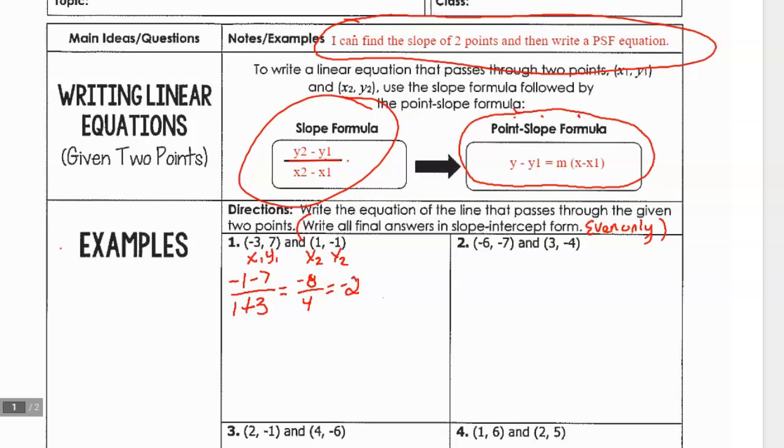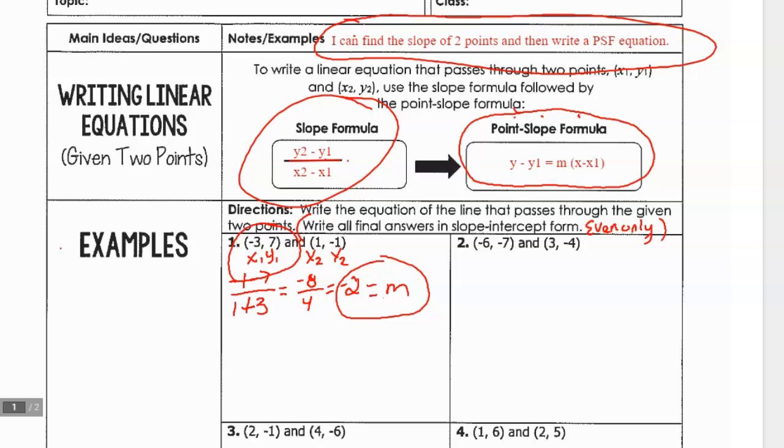And now it says we're going to be writing a point slope equation. And we have to do that on all of these. So I know my slope, and I have a point right here is the one we're going to use because it's x1, y1. It's already labeled like that.